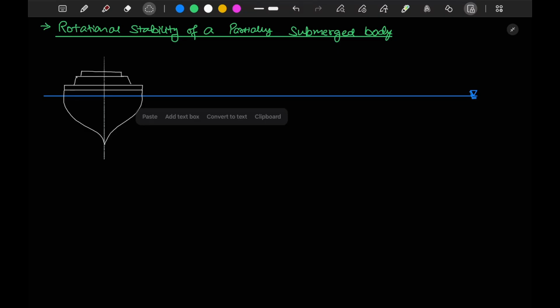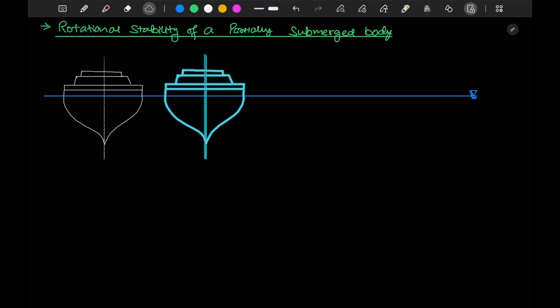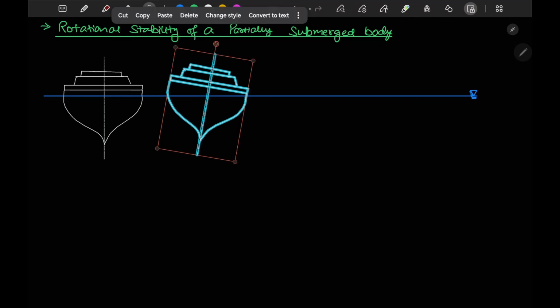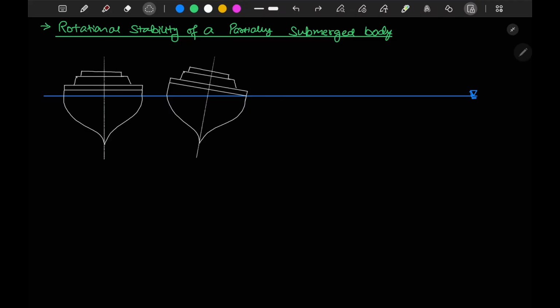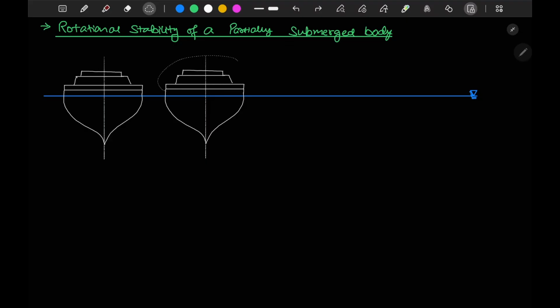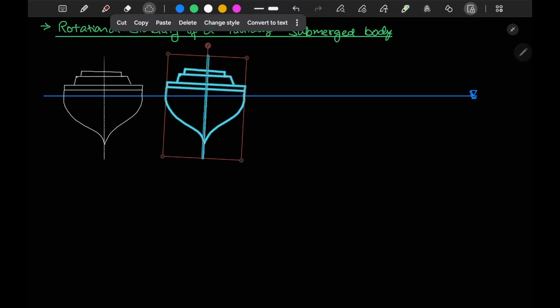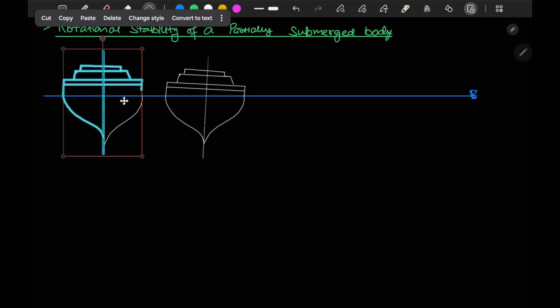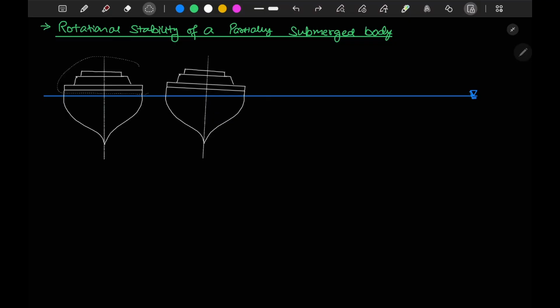Okay, and now we will be drawing it once more, in the same location, but tilting it by a small amount. We are tilting it here.